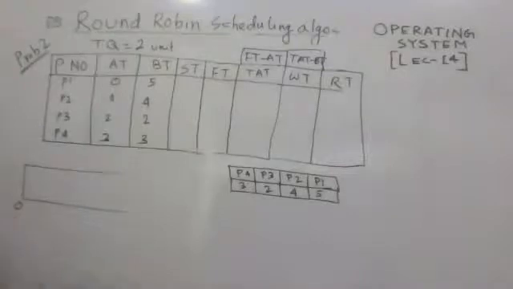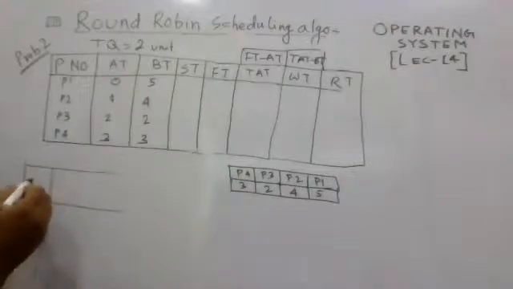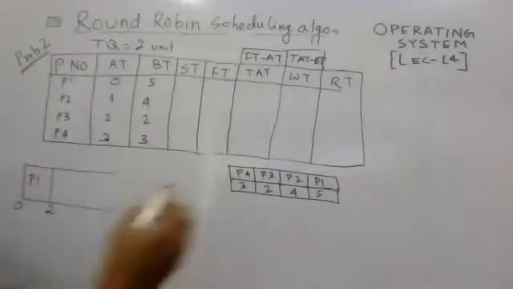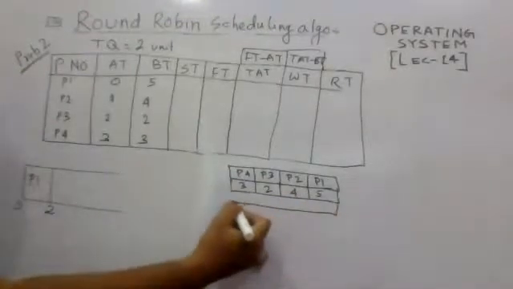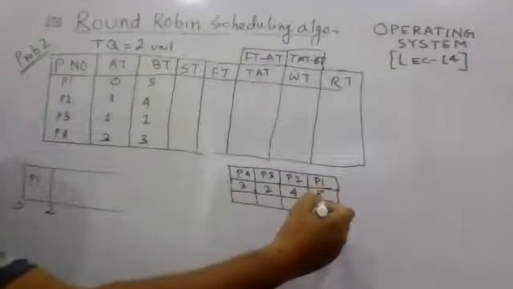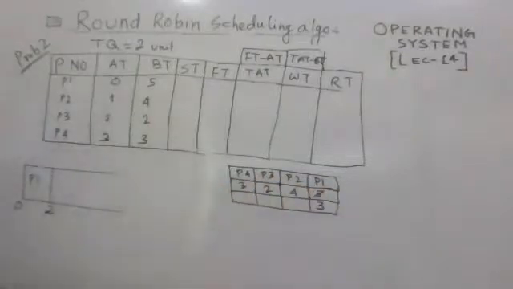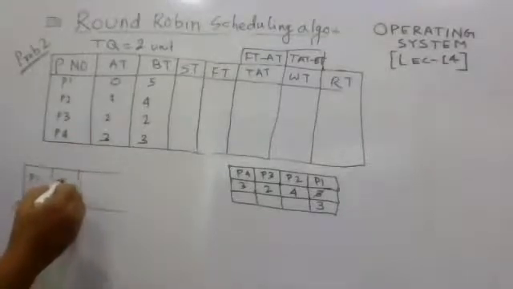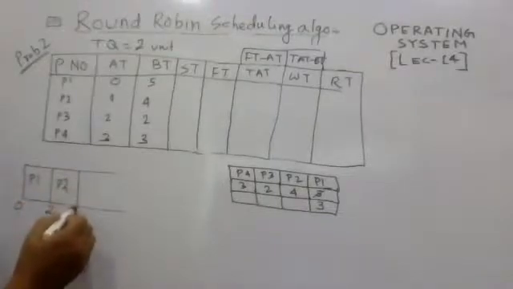Now starting from 0. When time is 0, in the ready queue we have only one process, that is P1, and we have to assign P1 for time unit 2, because here the time quantum is 2. Now we maintain this table also. So this is the remaining time for P1, this is 3. Now we have to assign next P2 for time unit 2, so it will be 4.